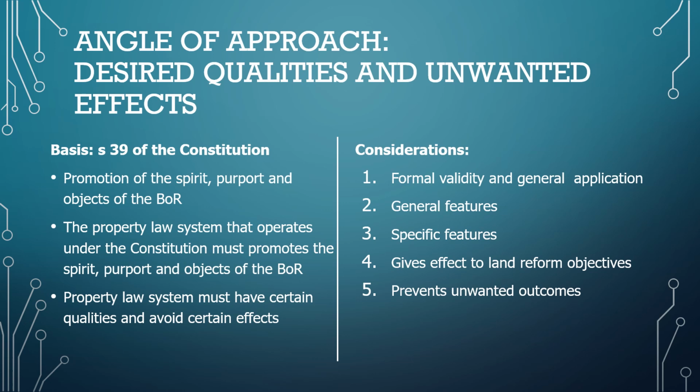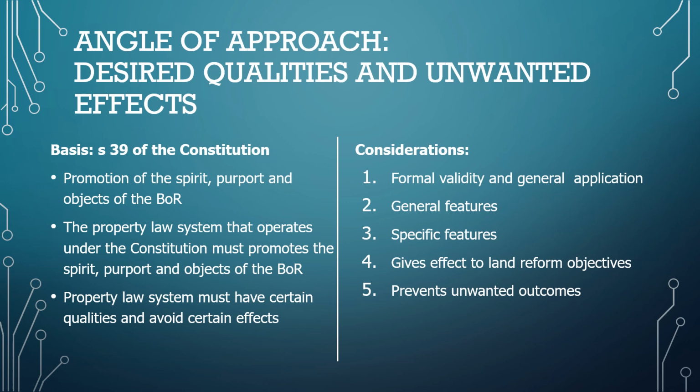So therefore, the desired qualities and unwanted effects test is really a further test that is applied to get us to the most appropriate source of law in the constitutional dispensation.